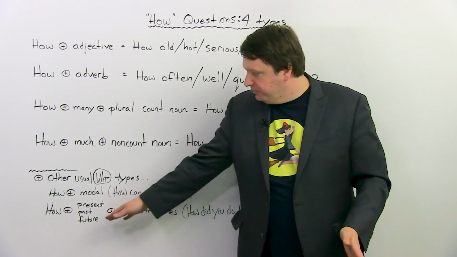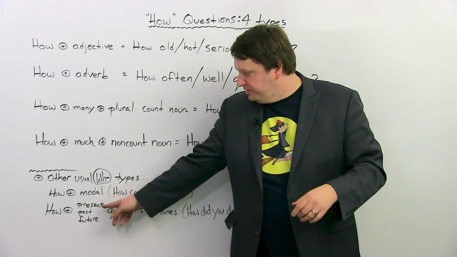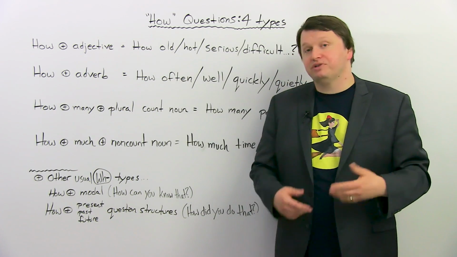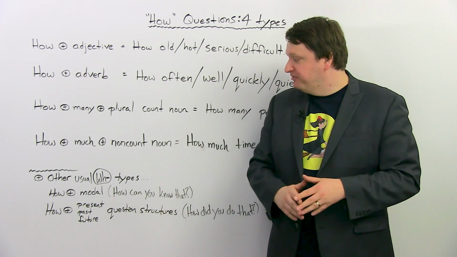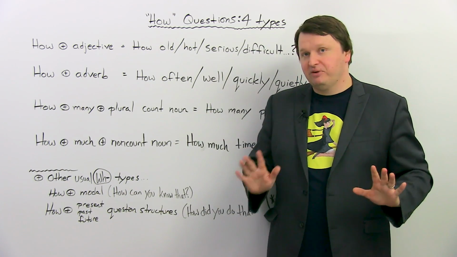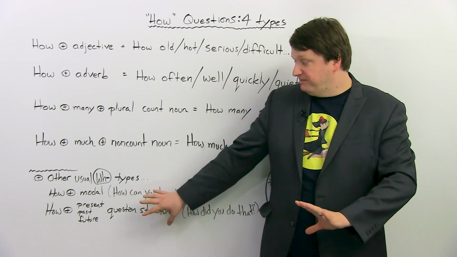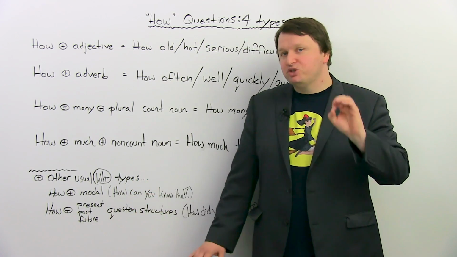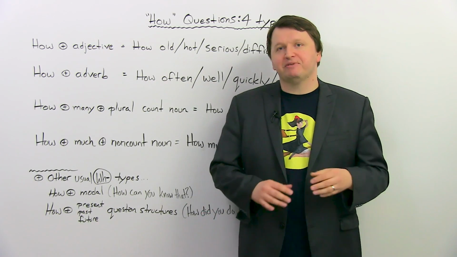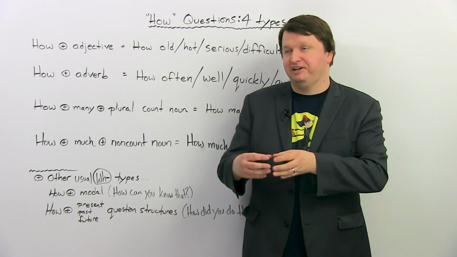And they also follow every rule that you know for question forms with the present, past, and future tenses, all 12 of the tenses. So for that information, you can check out other parts of engVid. I'm not going to cover stuff that you can do with every single WH question out there. I'm just going to cover the types of questions that are specific to how, okay?